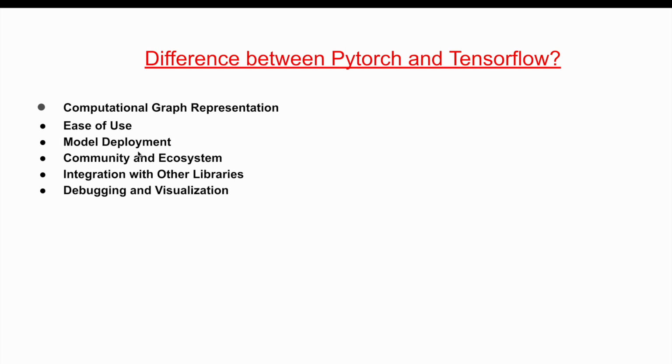Another difference that we can look at between PyTorch and TensorFlow is model deployment. TensorFlow offers robust tools and libraries for deploying models in production environments, like TensorFlow Serving for serving models via APIs and also TensorFlow Lite for deploying models on mobile and edge devices.